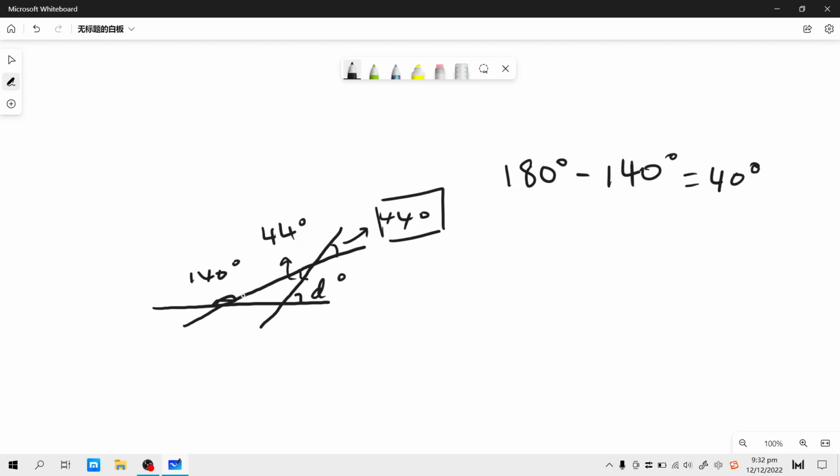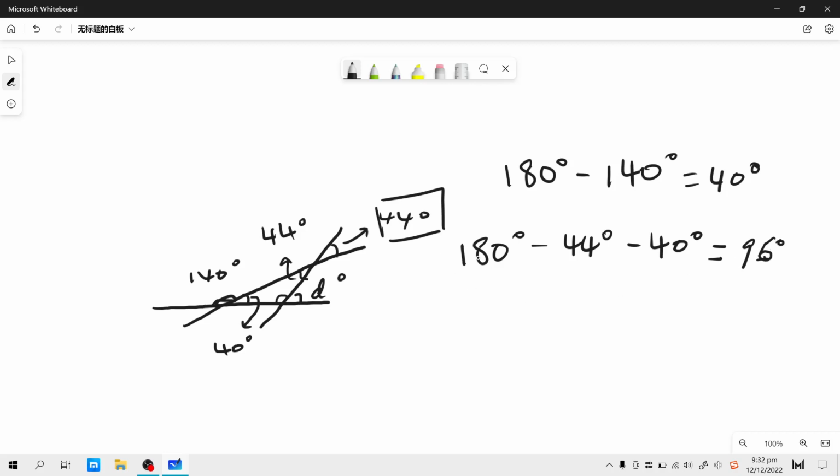So this angle over here, draw the line out, is 40 degrees. This angle over here is 180 degrees minus 44 degrees minus 40 degrees, which equals 96 degrees.